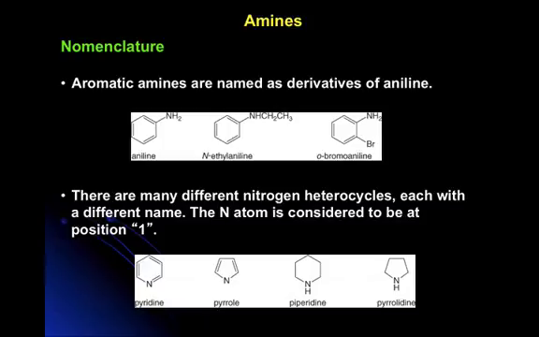Because if I just said ethyl aniline, that could mean it's attached to the nitrogen of the aniline or attached to the benzene ring. So we have to be descriptive. And so the way that we tell that we're attaching another group onto the nitrogen of the aniline is by using the N dash. Actually, that's an italicized capital N, meaning that on that nitrogen is attached an ethyl group on aniline.